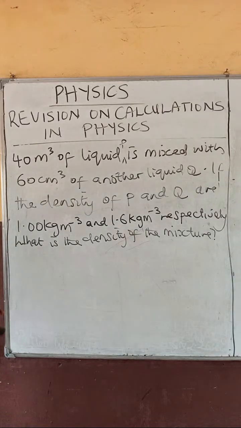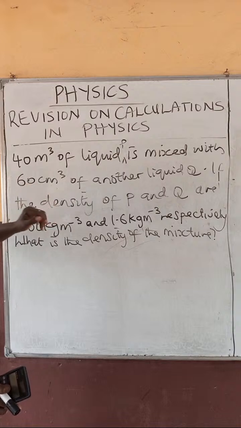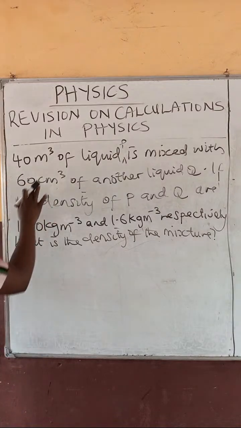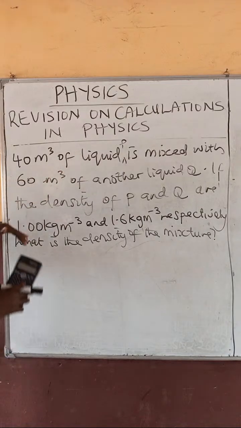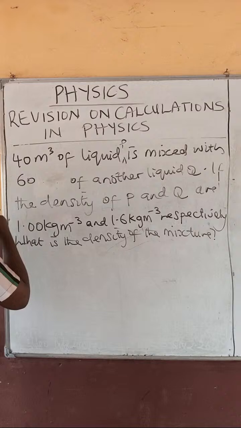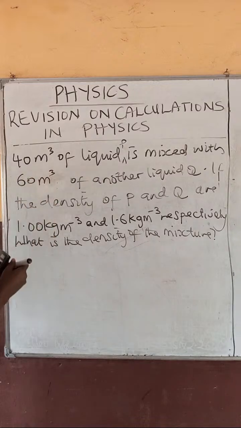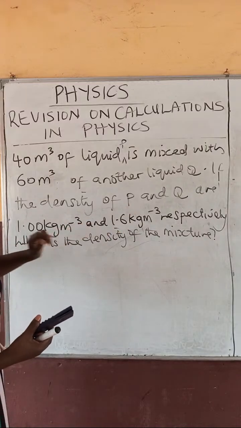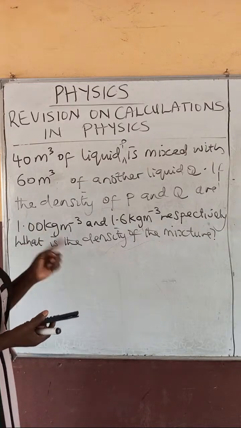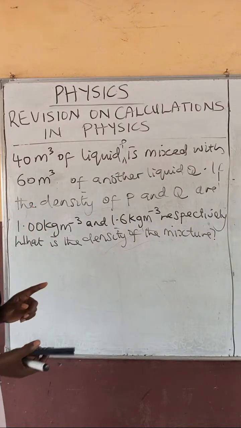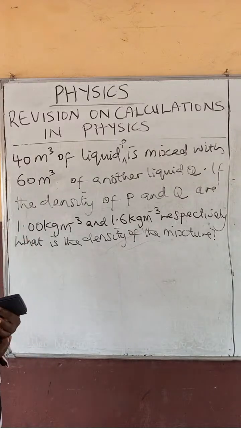Okay, let's solve. Now, this is 40 meter cube of liquid P mixed with 60 meter cube of liquid Q. If the density of P and Q are 1.00 kilogram per meter cube and 1.6 kilogram per meter cube respectively, what is the density of the mixture?